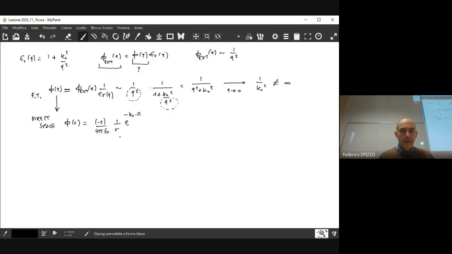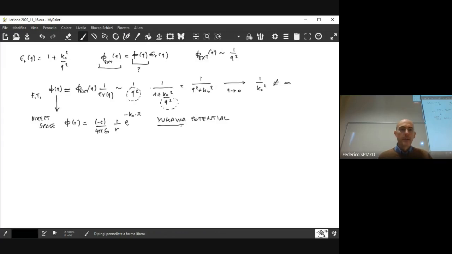So we have the vacuum expression, that is the first part, times an exponential contribution. And this is called the Yukawa potential.